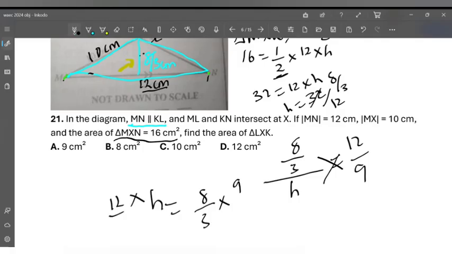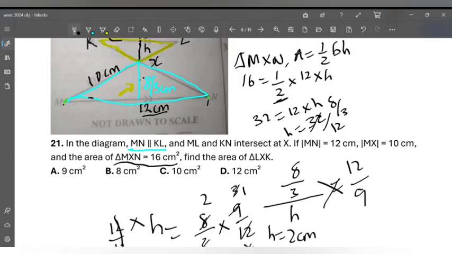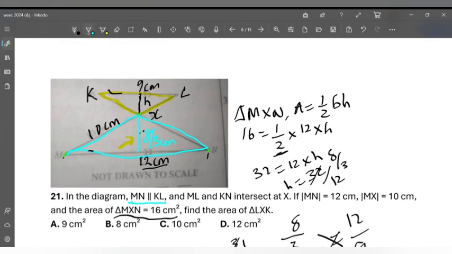If I divide both sides by 12, the 12 will cancel here, and the dividing by 12 will come here. So from here, I can easily solve for my H. If you cancel out 3 here and 3 here, and 4 here and 4 here, my height is equal to 2 centimeters. Meaning, if you go back to this rectangle, this height here is 2 centimeters.